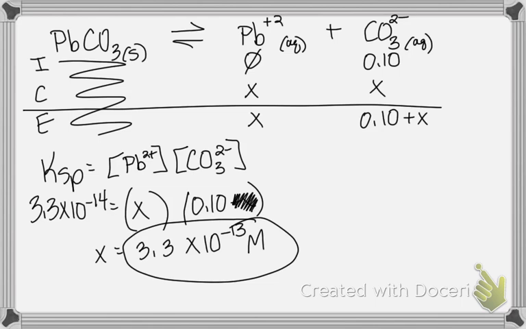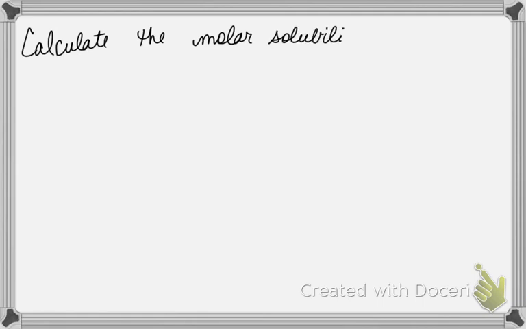Okay, and so there was a lot of explanation on that one, but we're going to do another similar one with the common ion. And hopefully now we won't need all that explanation. So first, let's calculate the molar solubility. We'll do silver chloride in water.